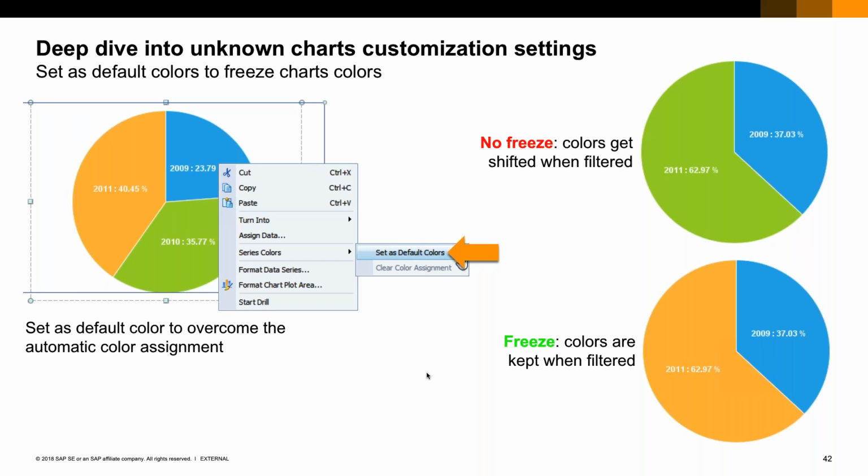If you don't want that to happen, what you can do is, the first time you define the chart and you have all the data available in the chart, use this contextual menu again to freeze all the colors. This way, even if some of the data disappear after a refresh, the color will stay the same. And that's what you can see here at the bottom on the right-hand side.